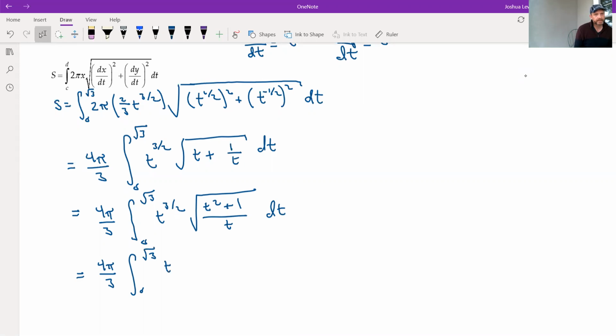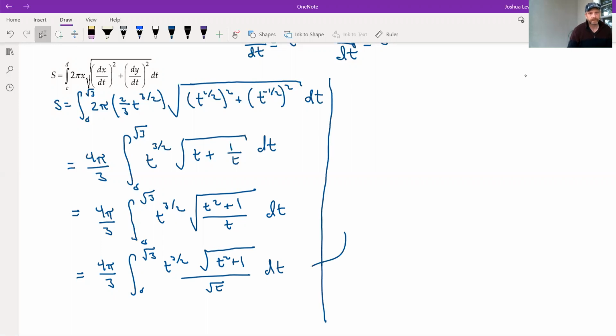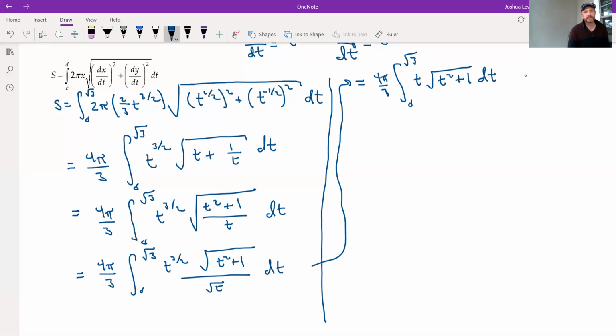I'm going to have a t to the 3/2, a square root of t squared plus 1, all over a square root of t dt. If I come up here, we'll have our 4 pi thirds. Let's see, t to the 3/2 over t to the 1/2. Ah, that's just t. T squared plus 1 dt.